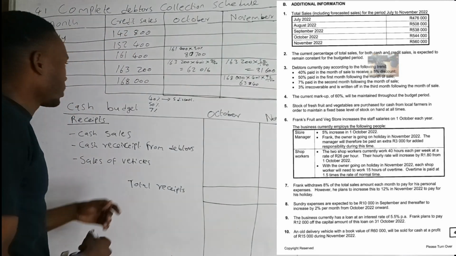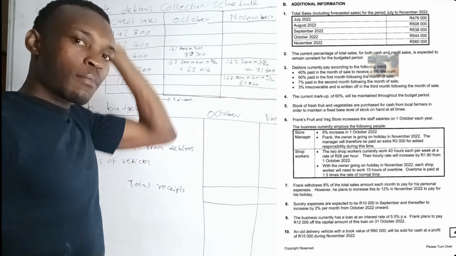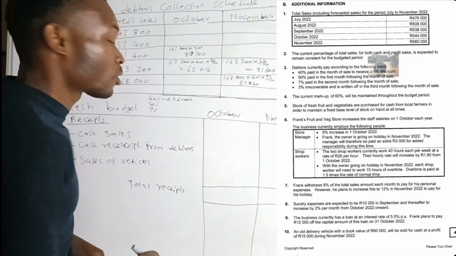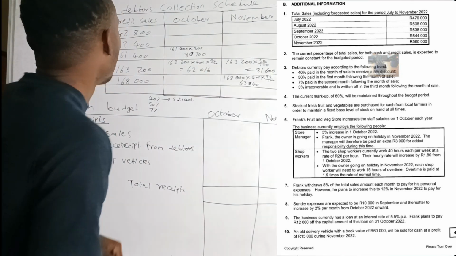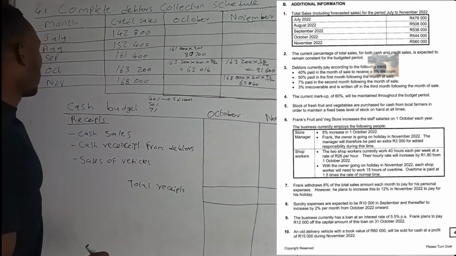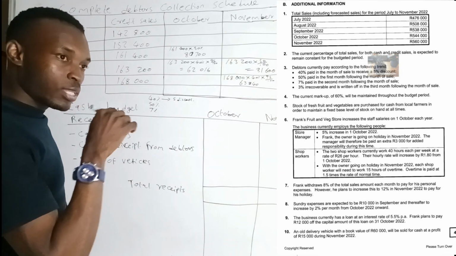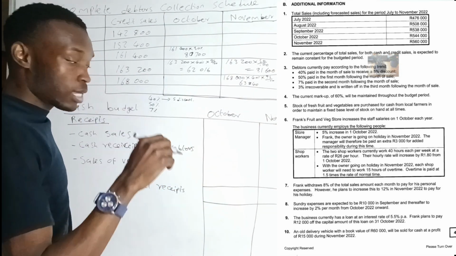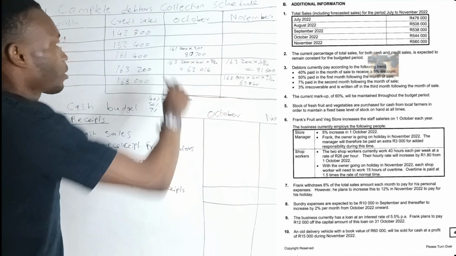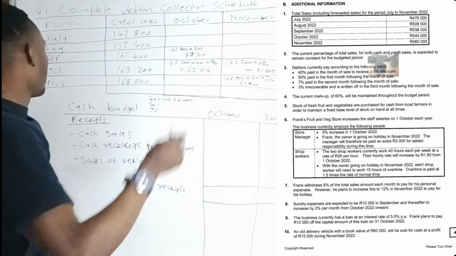Okay. Now we also have to check the month following the month of sales, which means that if we are talking about January, we're gonna skip February and we go to March. Let's take July. After July we have August, then we go to September. We don't have September here, we skip.